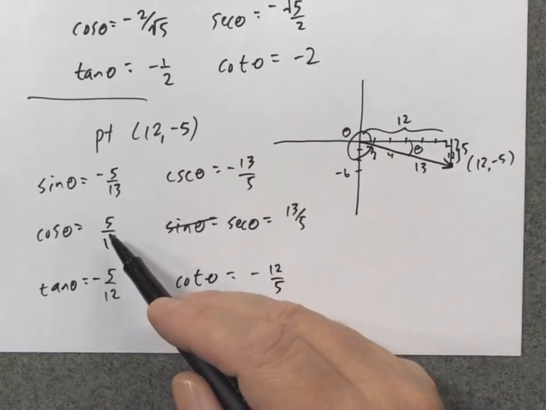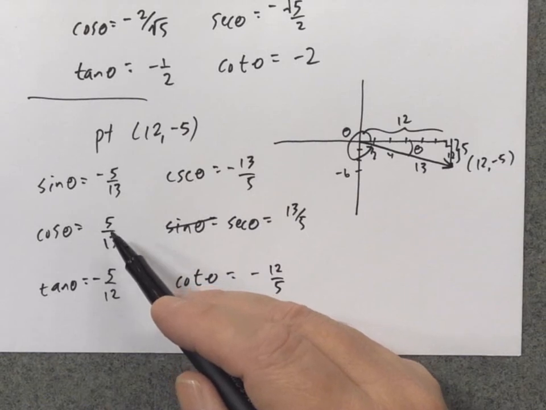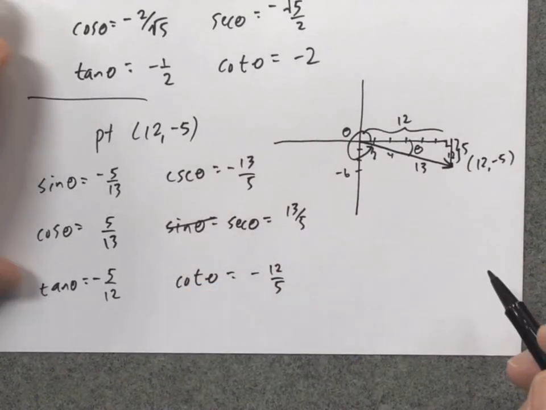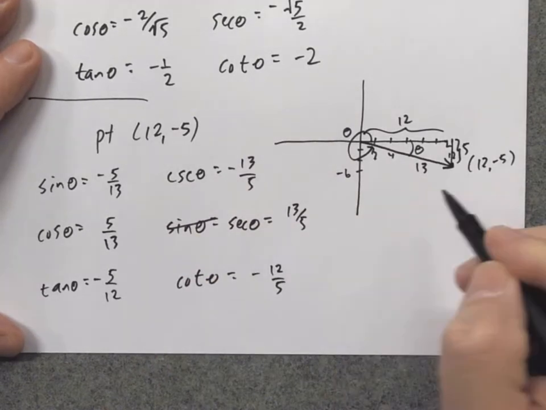Yep, this checks out. And then cosine 5 over 13. Aha! Maybe you saw this. I did mess up. Good thing I checked.